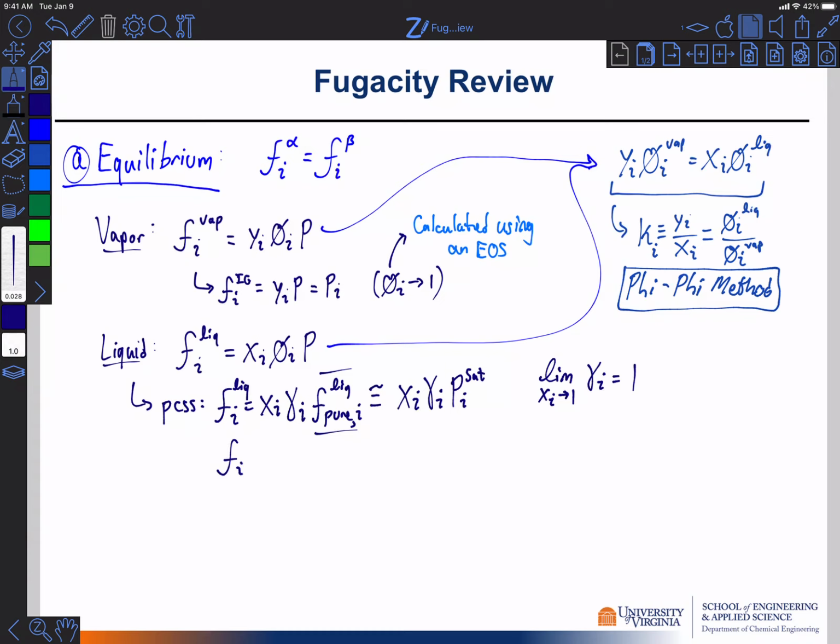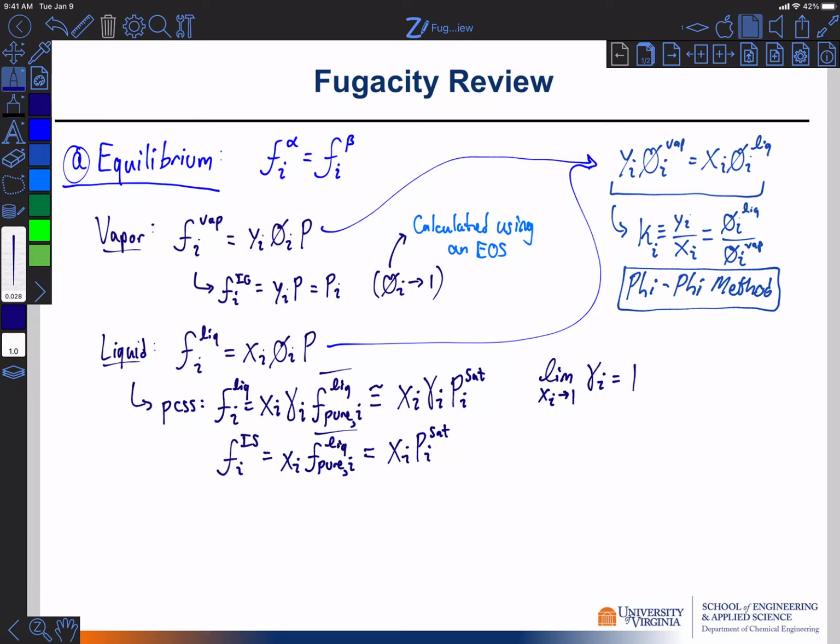Or another way of saying that, right, is that for an ideal solution, the activity coefficient goes to 1, and we end up simply with this type of relationship, or we can put that again in terms of P_i^sat, as we've done, for example, in Raoult's law. So pure component standard state is another way that we can evaluate things.